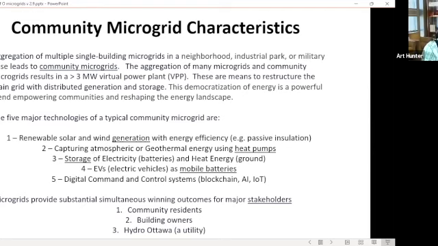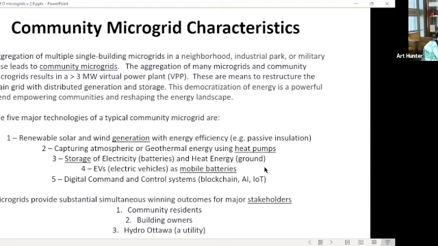Storage, of course, is a necessary technology, and that typically means batteries, but there are other ways to store electricity as well. And of course, storing heat in the ground is one thing which I do as well, which makes the ground source heat pump very, very useful.